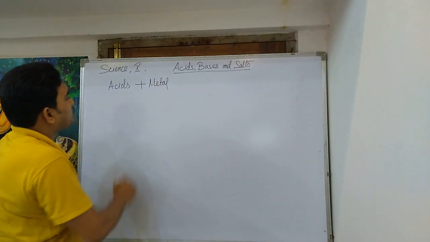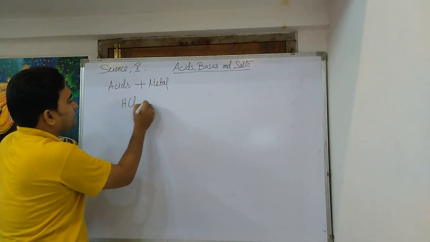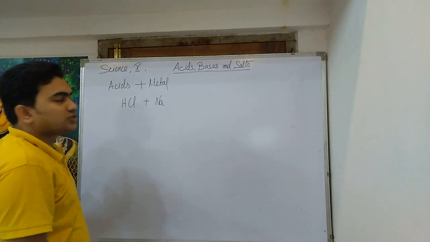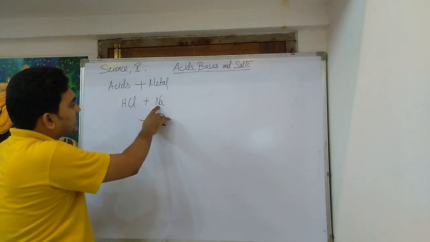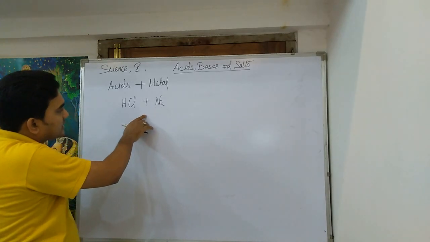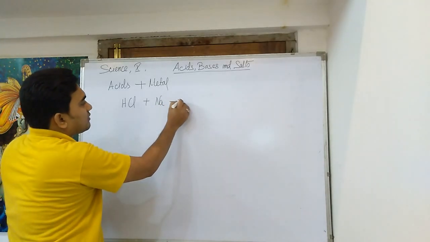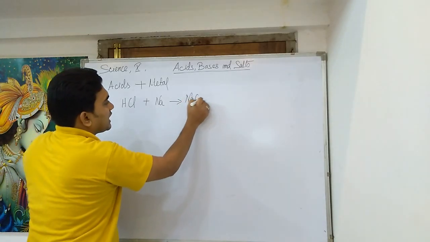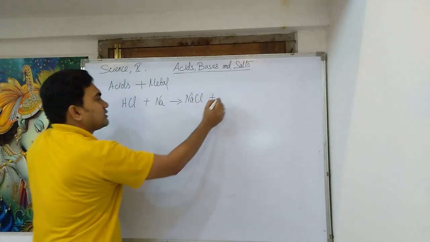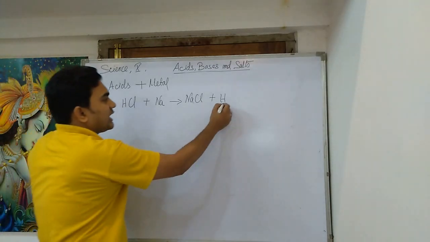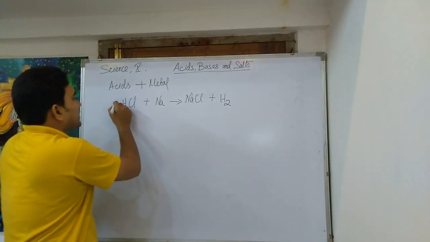Let us take an example, HCl, and let us take the metal sodium. Sodium has a very high affinity for chlorine, so they will combine to form NaCl, leaving behind hydrogen. Now this hydrogen always stays in diatomic form, H2. So let us balance that.